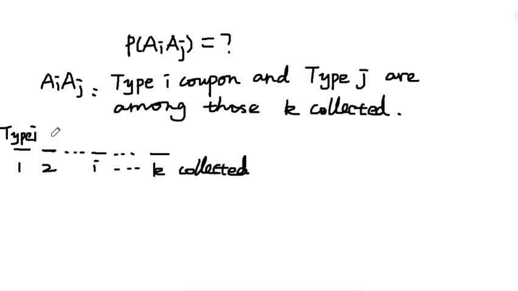You might have the other, which means neither type I nor type J, the other n-2. So you might have at the ith position type J, and then you have case one, and the last one is the other.